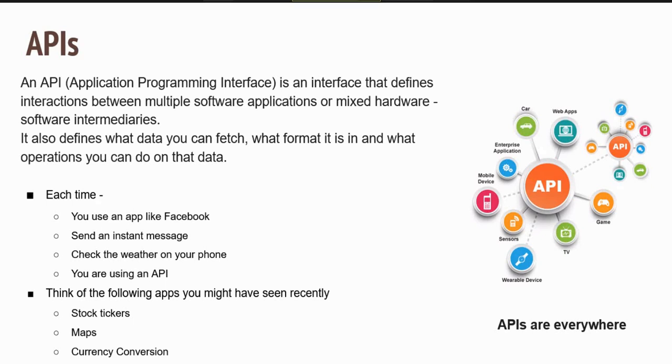No, they borrow it from the stock exchange providers. The stock exchange providers expose their functionality, using which we can continuously get the stock tickers, the changing values of the stocks. We can use that API, put it in our code, put it in our website, and our website will start showing that. So that is one example of an API.